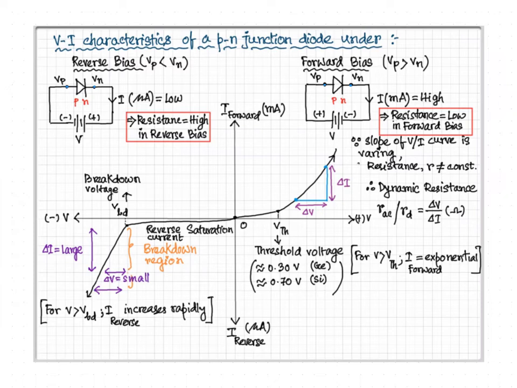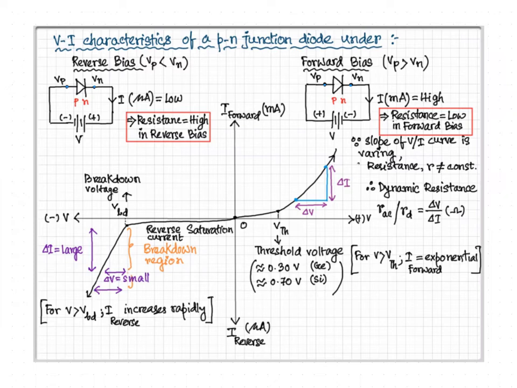Here we have plotted the current as a function of voltage. The abscissa denotes the voltage: the right hand side denotes positive voltage and the left hand side denotes negative voltage, and the ordinate denotes the current.